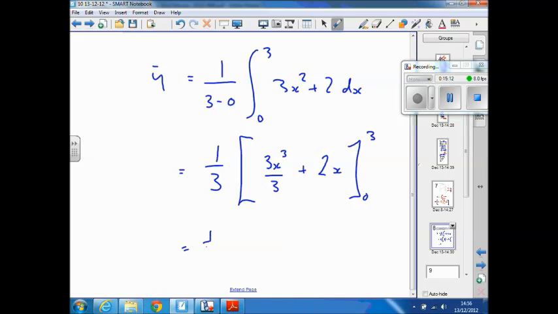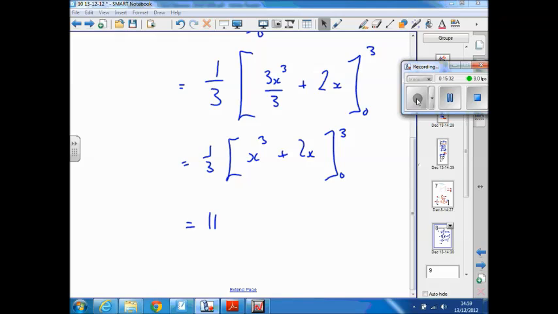And so that's a third of x cubed plus 2x between 0 and 3. Work out what that is, which equals 11. Now, what is that? That is an average value, y bar.